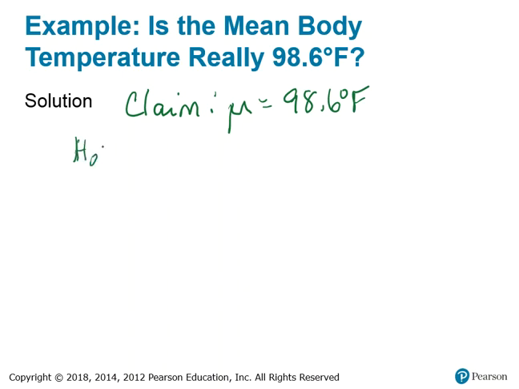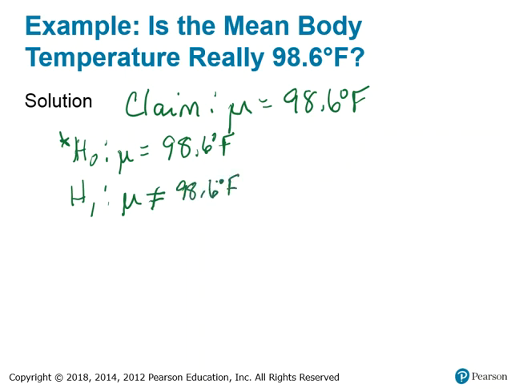Now because our null is always the equality, our claim in this case is the null, which is opposite of the example we did above. Now, because they're just focused on is it equal to 98.6, I don't care if the alternative is greater than or less than, it just has to be different. Since it just has to be different, we're going with an alternative of mu is not equal to 98.6 degrees Fahrenheit. They told us to use an alpha level of 0.05.